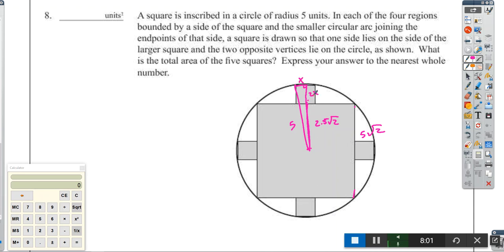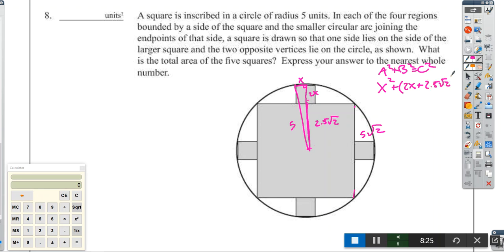All right, using Pythagoras, here we come. So we know that a squared plus b squared is equal to c squared, and this is going to get heinous. A squared is going to be x squared, that's easy, plus now b squared, here's where it gets tough. B squared is 2x plus 2.5 times root 2, squared.